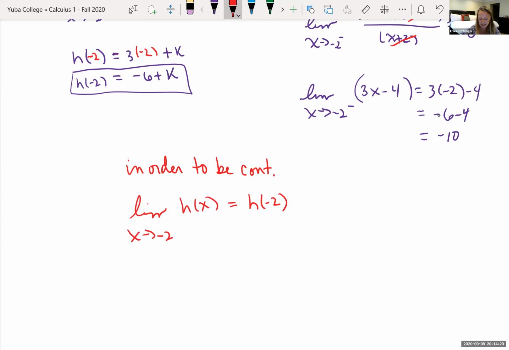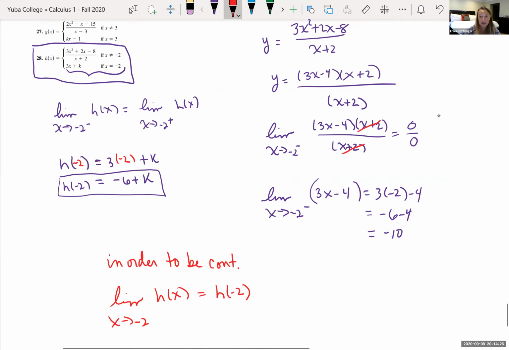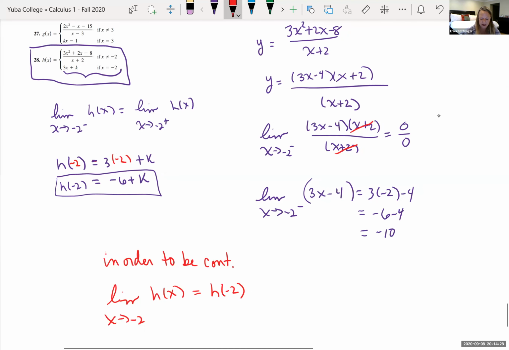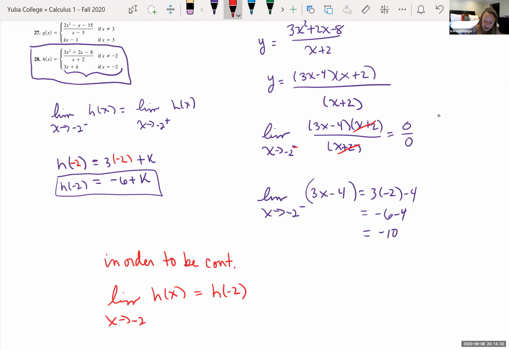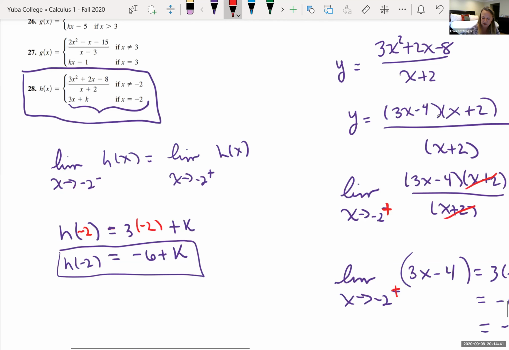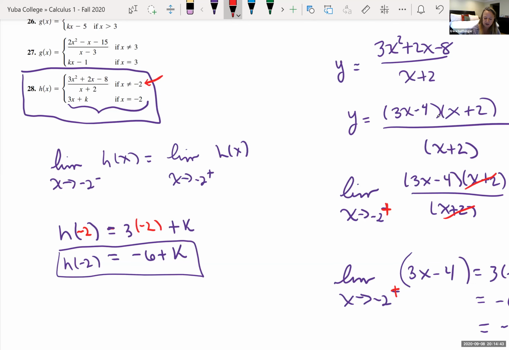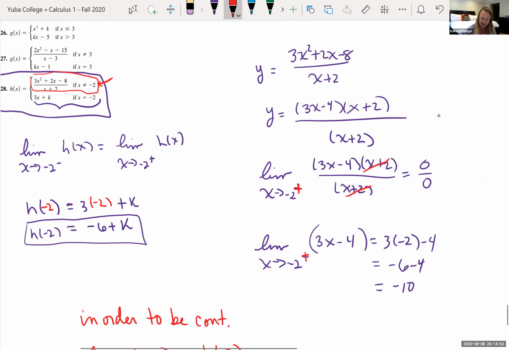I can justify too that this is what my limit is going to equal from either direction, because when x is bigger than -2, and I look at this coming in on the right-hand side, that's a value of x which is bigger than -2, so that tells me to use this first equation. Again, I would get 0 over 0 indeterminate form. I'd have to factor and simplify. And so really I know that the limit as x approaches -2 exists, and it's -10.